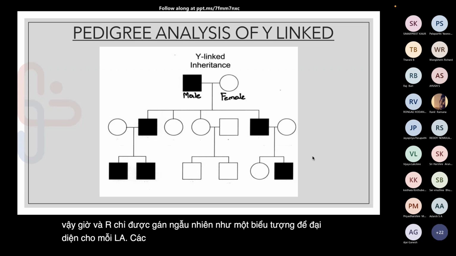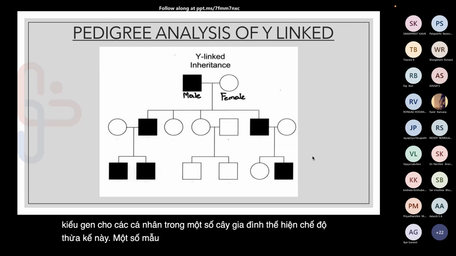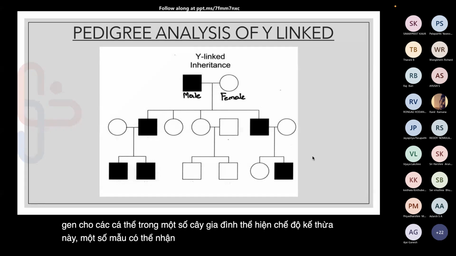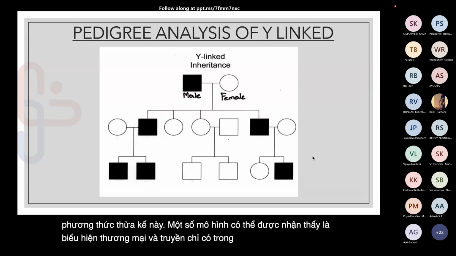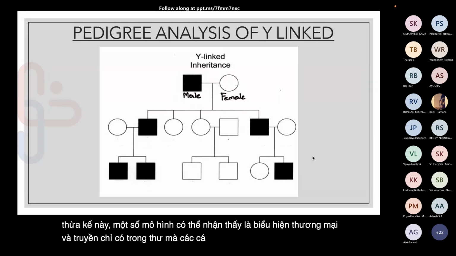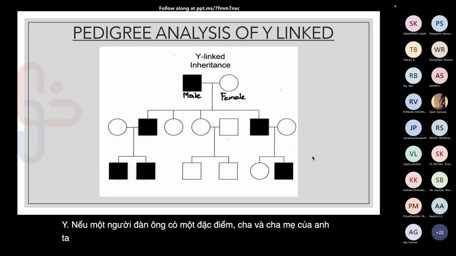After filling in the genotypes for the individuals in several family trees that exhibit this mode of inheritance, some patterns that can be noticed are that trait expression and transmission are only in the males, the individuals with the Y chromosome. If a male has the trait, so should his father and paternal grandfather, as well as his son and their son. It follows the inheritance of the Y chromosome.